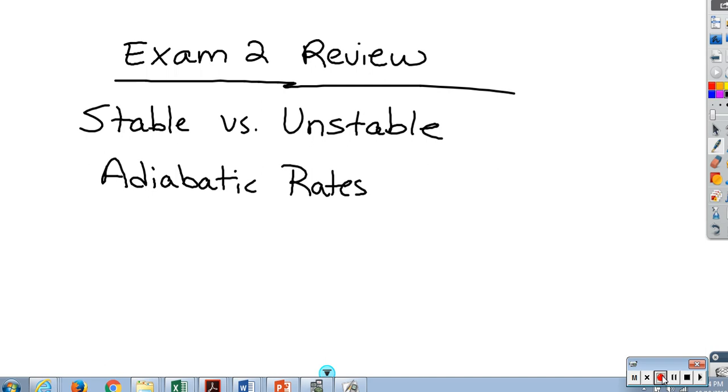But the air, as it rises, may cool at a different rate than the rest of the atmosphere surrounding it. And so then you want to compare the temperature of the parcel of air that's ascending to its surroundings to determine whether or not the atmosphere is stable or unstable.